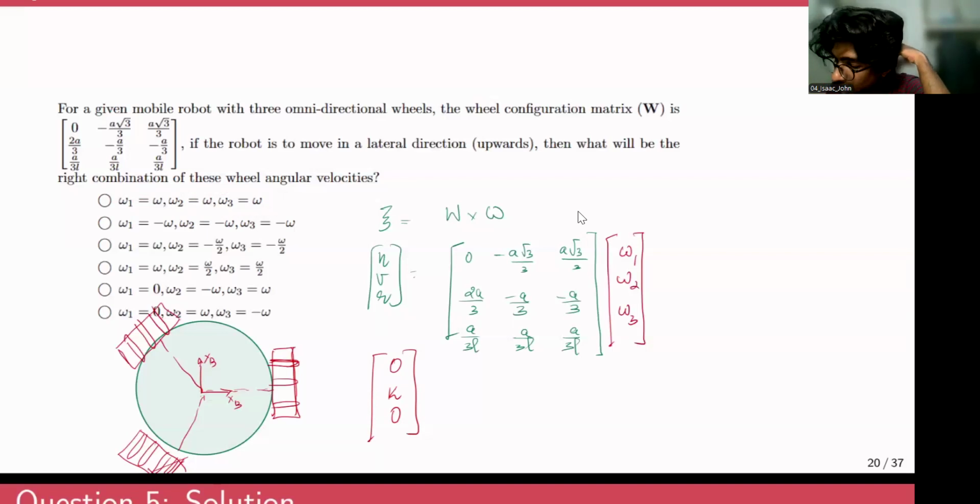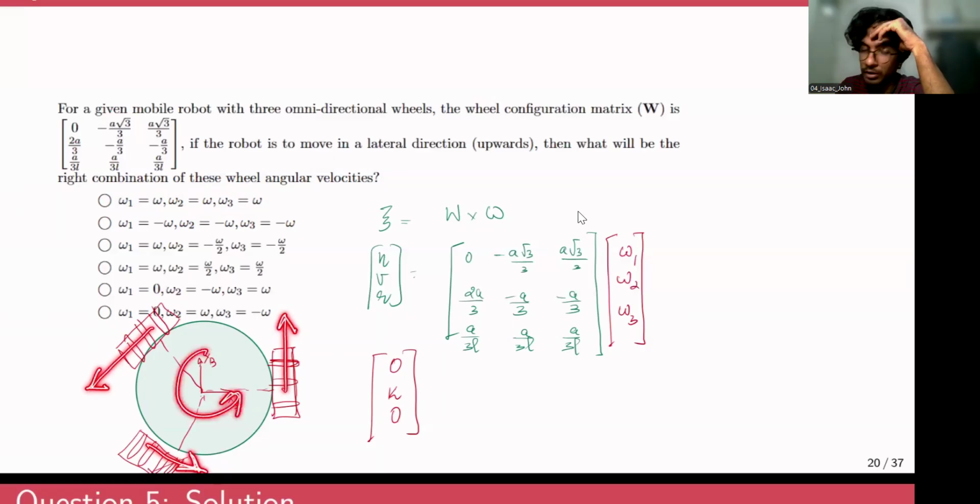So the first case is all the wheels have equal angular velocities. The first wheel has an angular velocity like this, the second one like this, the third like this. If this is the command that you give, the robot would rotate about its own vertical axis, a pure rotation.